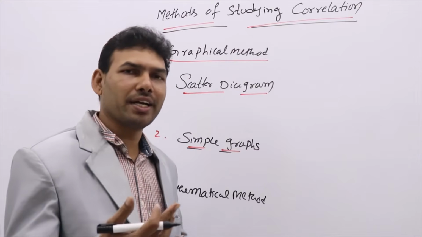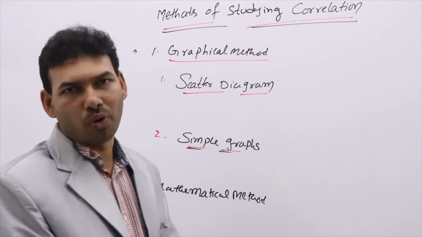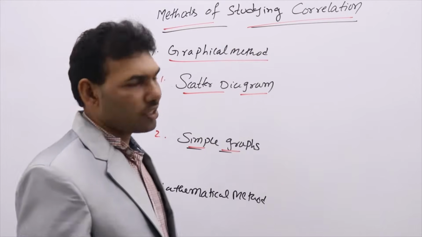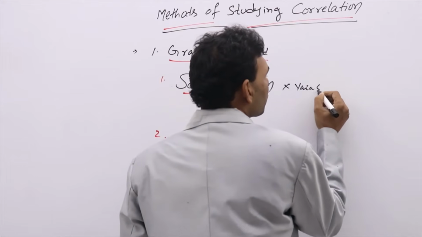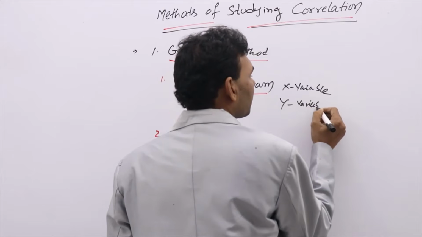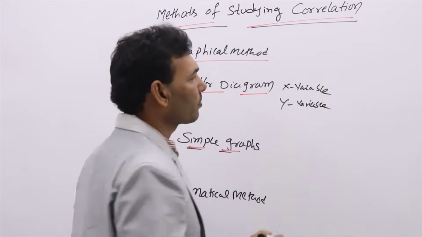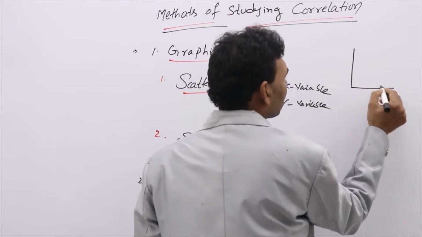While discussing two variables, simple correlation, assume an x variable and a y variable. These two variables are plotted using two lines, a horizontal line and a vertical line.